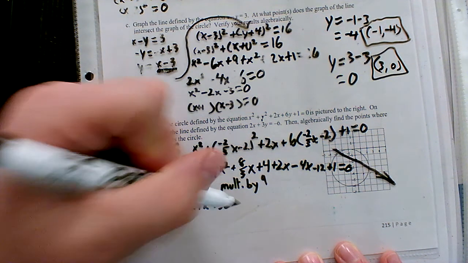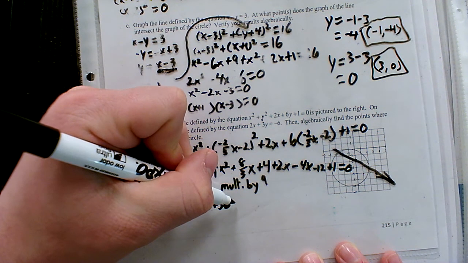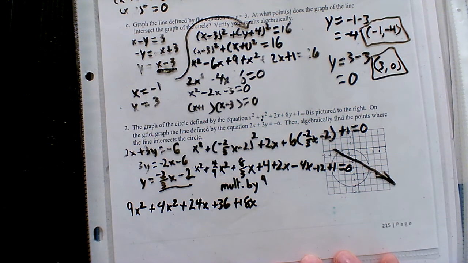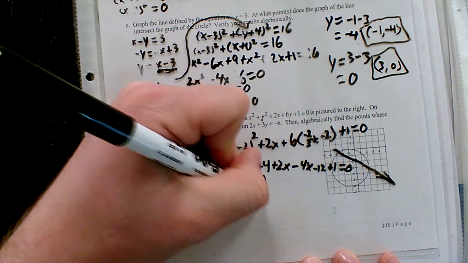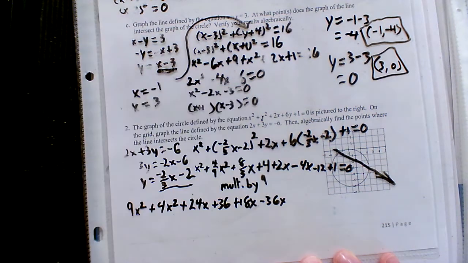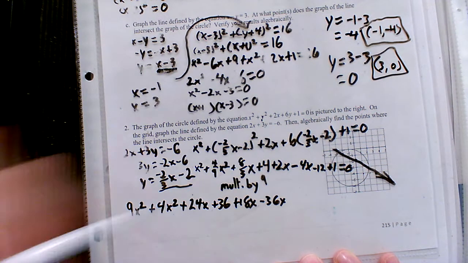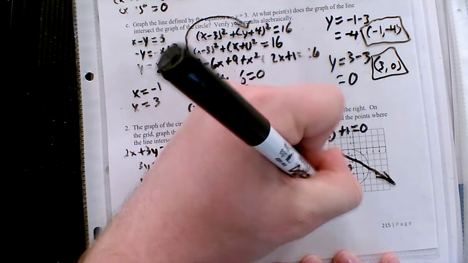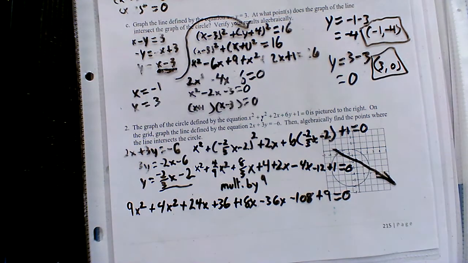Then we get plus 18x, yep. We get minus 36x. Minus 108. Plus 9 equals 0. Anybody stuck on how we got here?